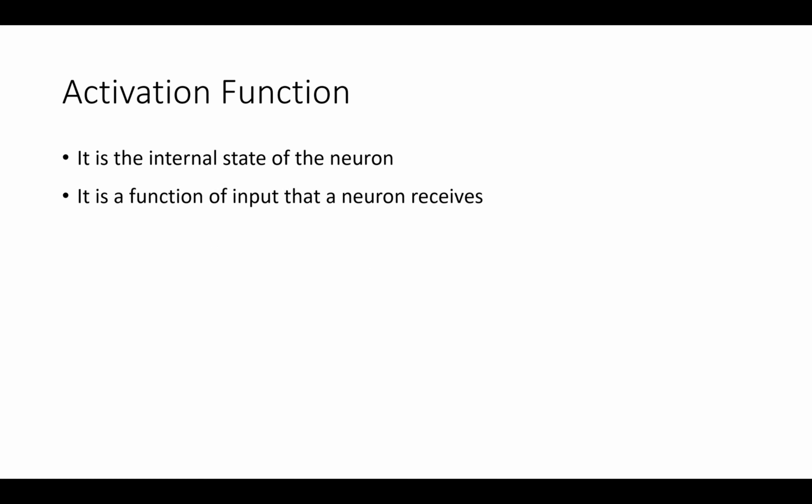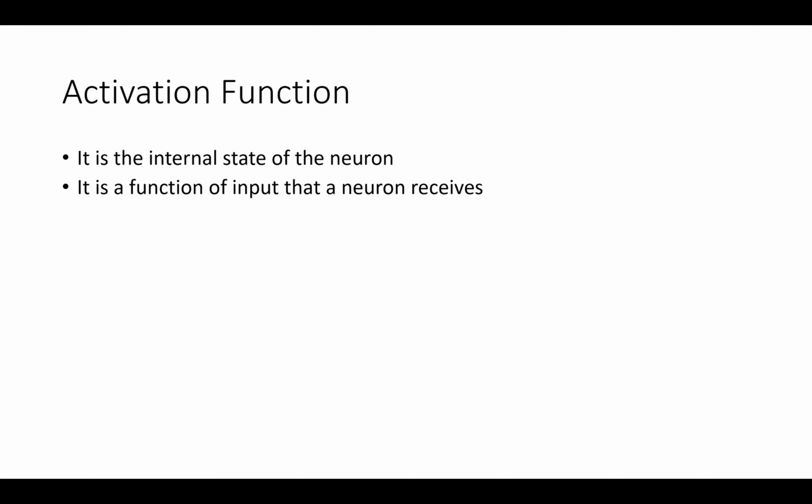What is an activation function? Activation function generally refers to the state of the neuron in which it is. This state of the neuron which we define determines what kind of output we get.